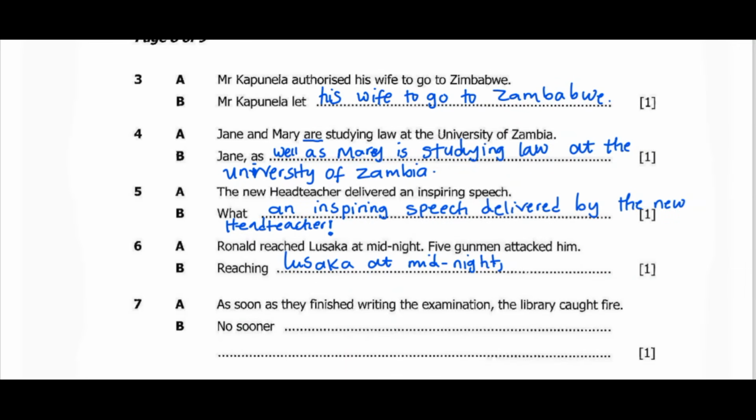Then we can now say Ronald was attacked by 5 gunmen. Then the other part is the last part.